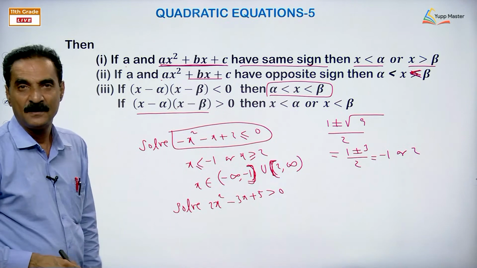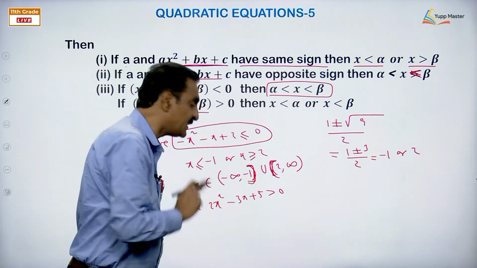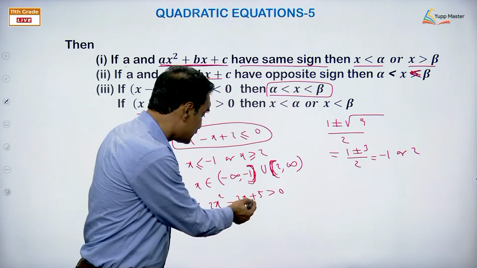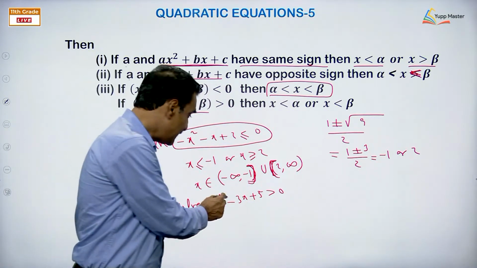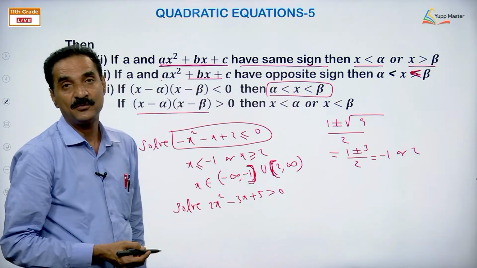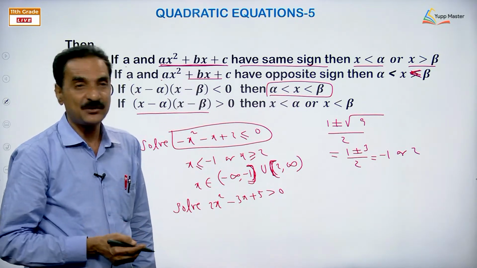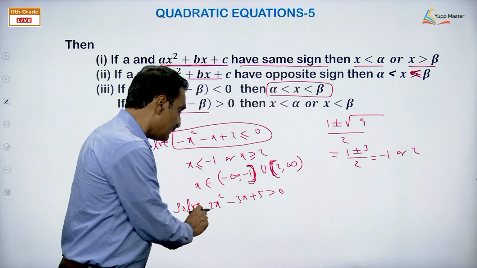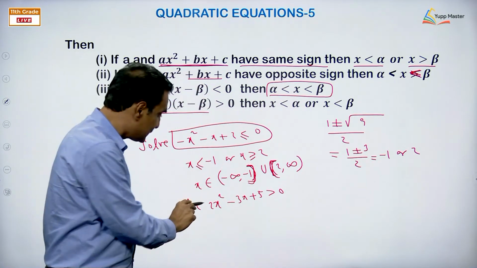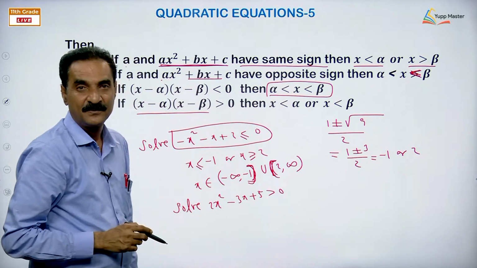Similar question. Here first you check the discriminant. The discriminant is negative. b square minus 4ac is 9 minus 40, negative. When the discriminant is negative, the graph of this quadratic will be completely above the x-axis because a is positive.